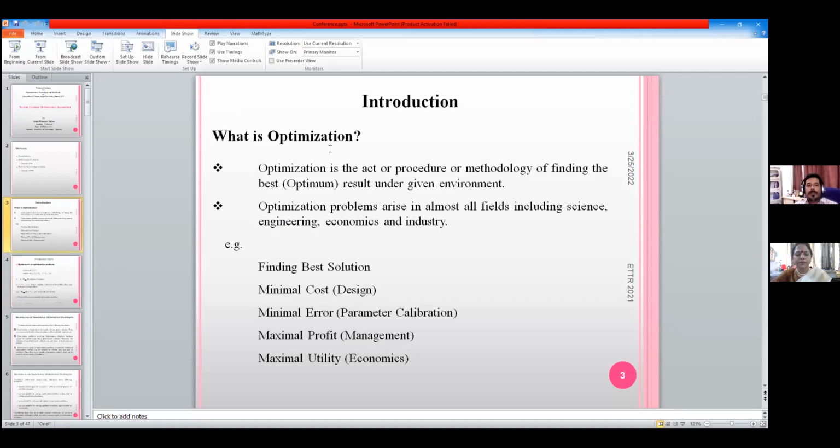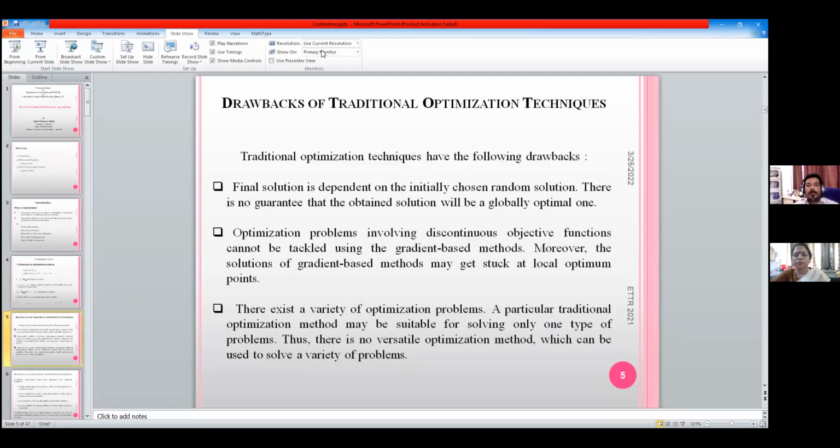So okay, sir. What are the drawbacks of traditional optimization? Actually, there are a lot of optimization methods, like Newtonian methods, what we have done in higher secondary by the calculus method. Then there are LPP methods like linear programming problem, then non-linear programming problem, then the dual problem, etc. Then there is gradient descent.